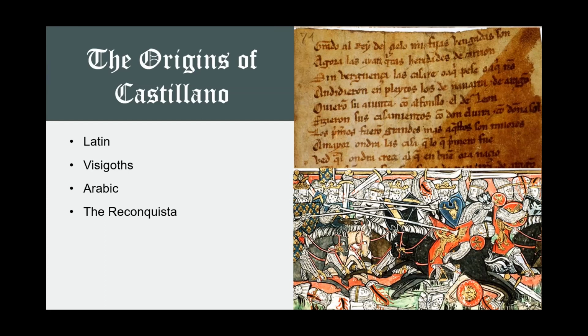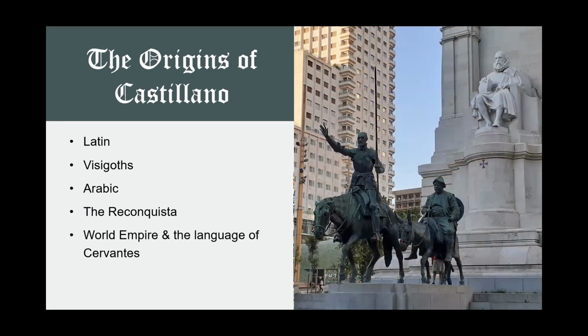After the Reconquista and entering into the 1500s, Spain and Spanish become a world empire language. You have Spanish going across to the New World, picking up new words from languages like Nahuatl and Quechua, which is where we get the words, for example, avocado from Nahuatl, or chocolate.